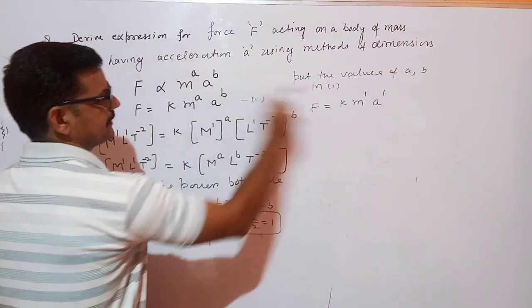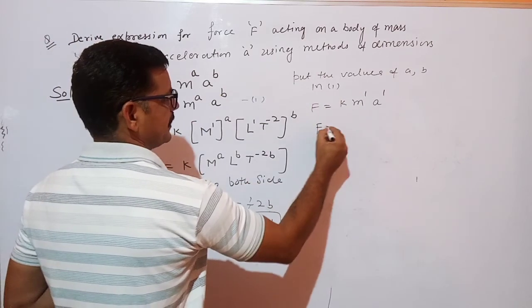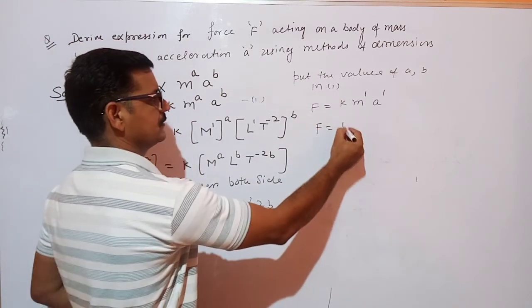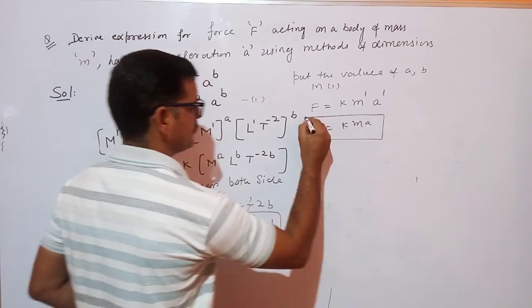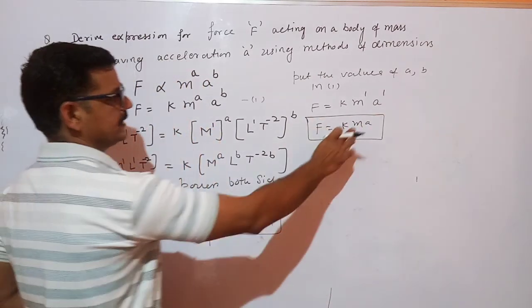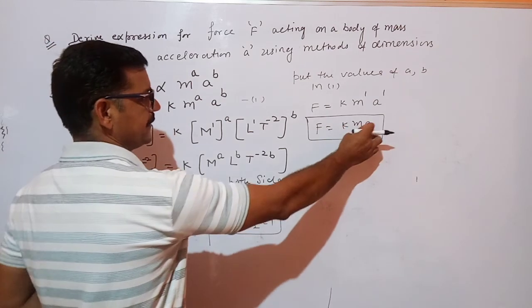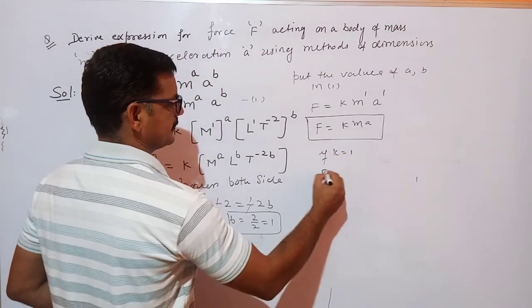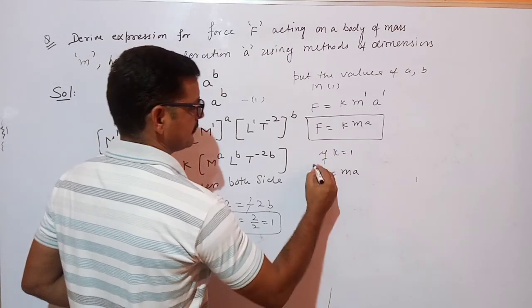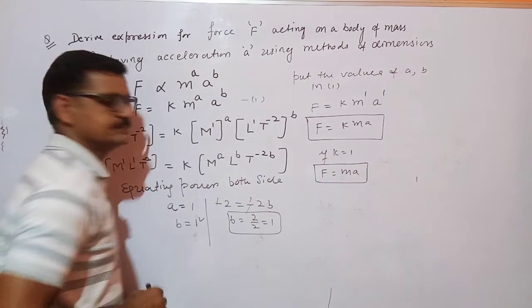A power b, b also equal to 1. So F equal to k m a. So this is the formula for force which is acting on a body of mass m having acceleration a. If k equal to 1, then force equal to mass into acceleration.